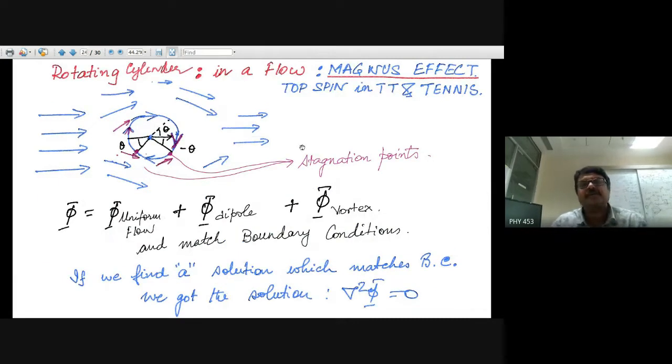Right, now what we are going to look at is a slightly more complicated case, and this will actually bring up the football example which we have discussed in class.